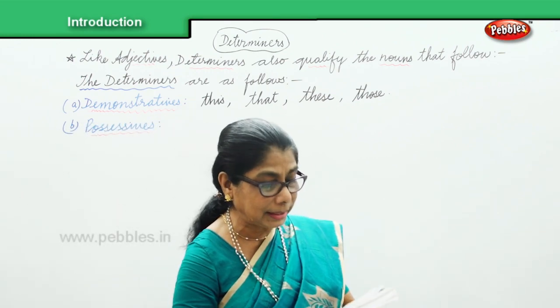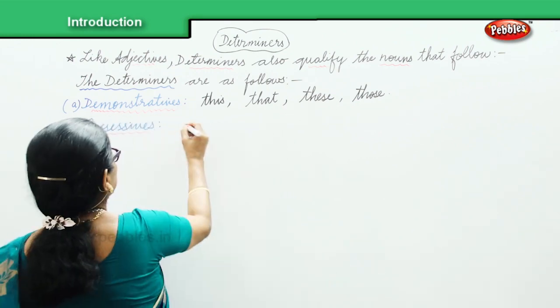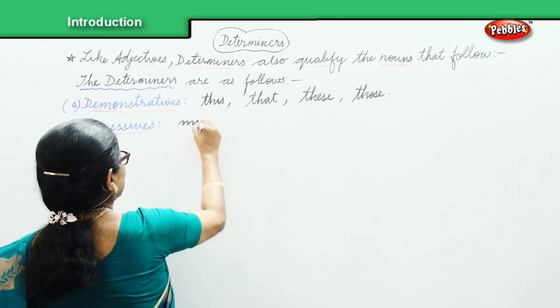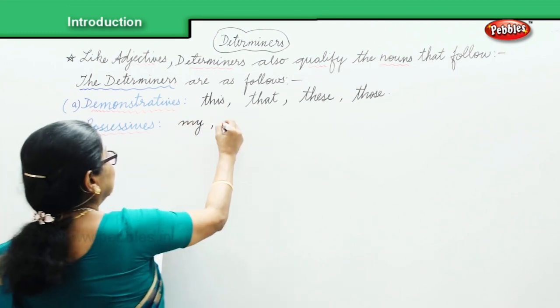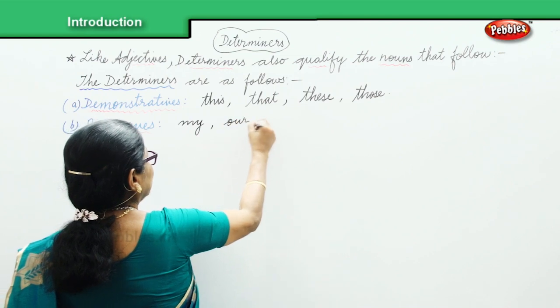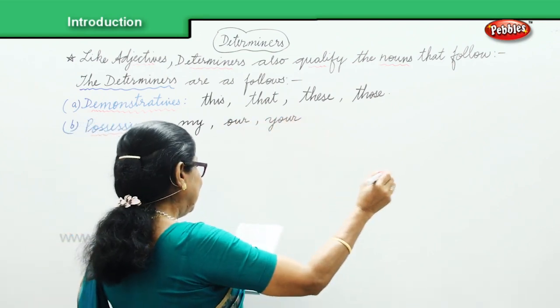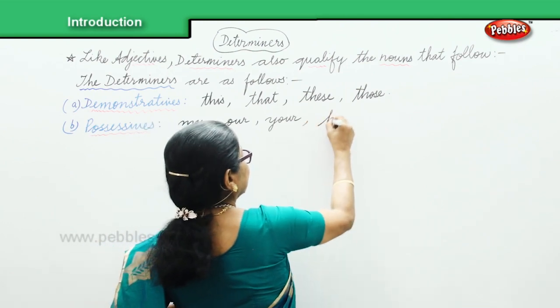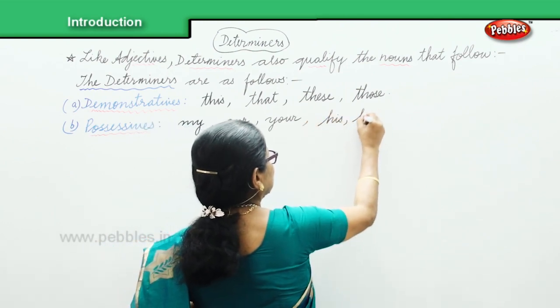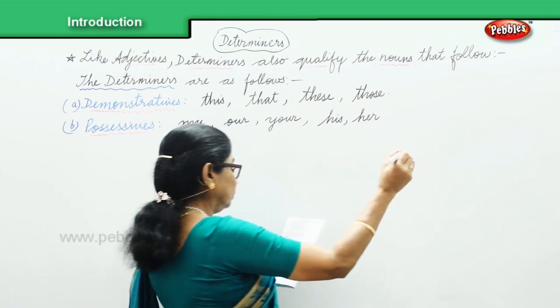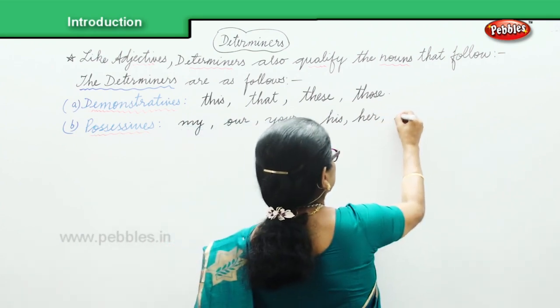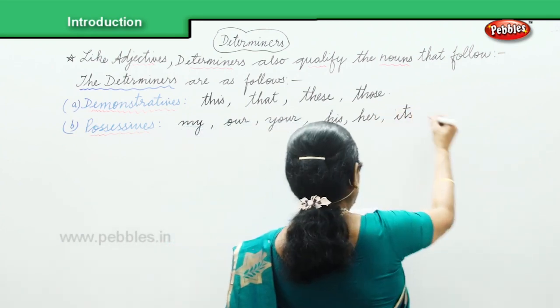We have words like my, our, your, his, hers, its, and their.